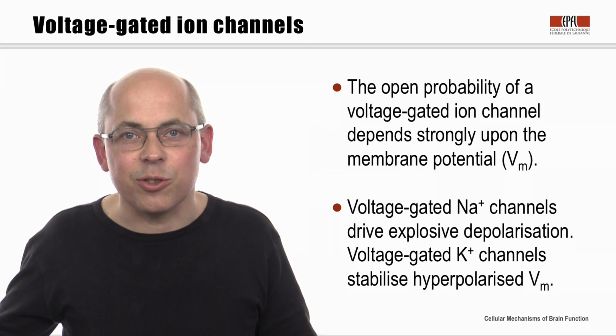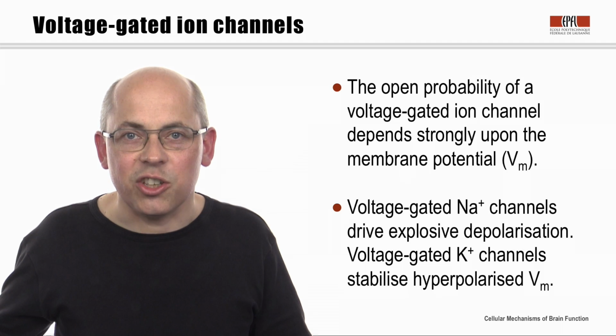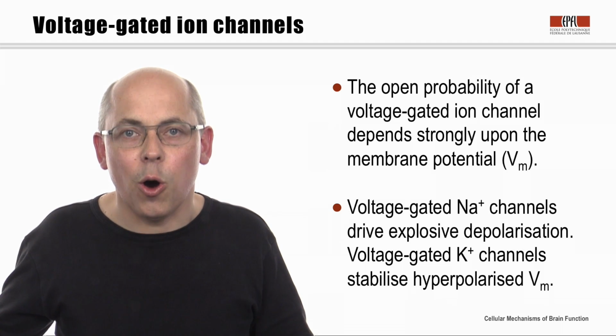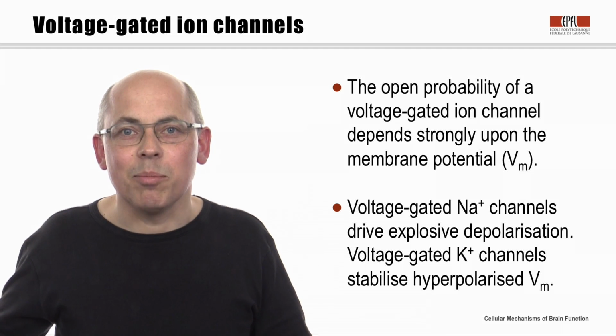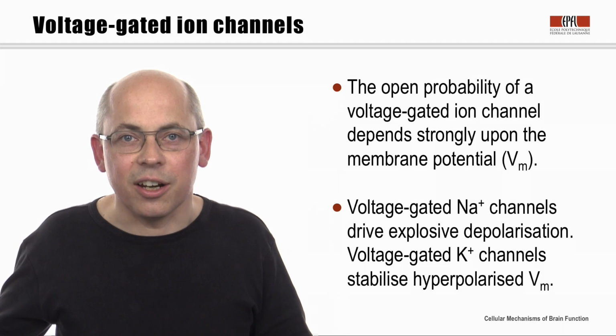At negative potentials, the S4 voltage sensing domain swings in, the gate shuts, and open probability is low. Open probability is therefore the key feature that's regulated by the voltage-dependent gating of ion channels, whereas the single-channel conductance remains unchanged.